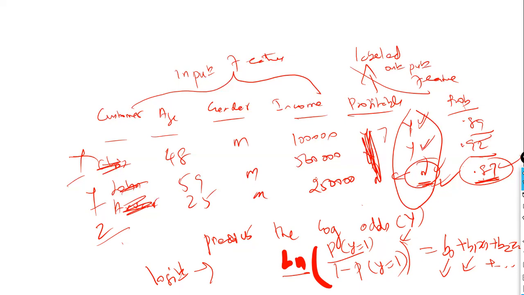A 1 unit increase in age leads to a 0.8 log odds increase in defaulting. That is how we interpret it. The interpretation of the slope is different between linear and logistic regression.